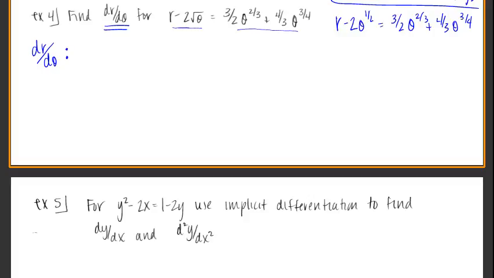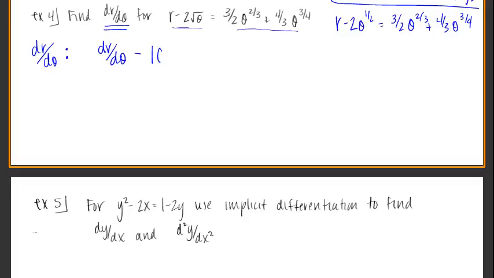Getting started then, I'm going to go to the new version, quote unquote, that I wrote. So the derivative of r would be 1 dr/d theta. We're taking the derivative of r with respect to theta. Okay, and then right here we'll go minus. Let's bring down the exponent. So 1/2 of 2 is 1.